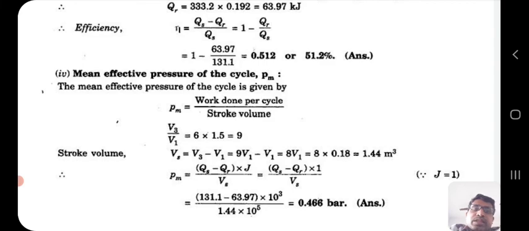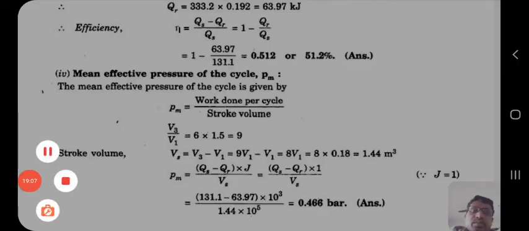Efficiency is (Qs minus QR) by Qs, 1 minus 63.97 by 131.1, that is equal to 0.512, 51.2%.